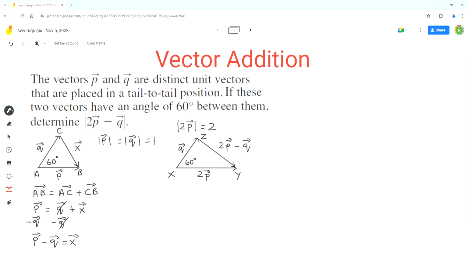So our step is, so this is the cosine law equation, and now we can sub in the values for the side lengths.